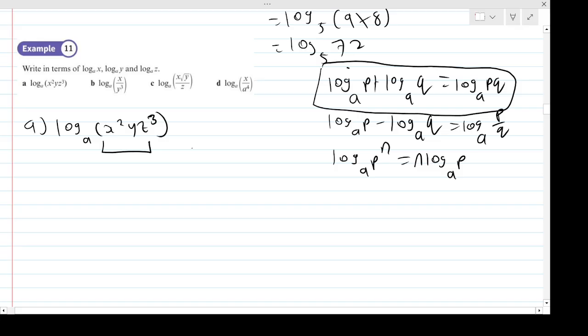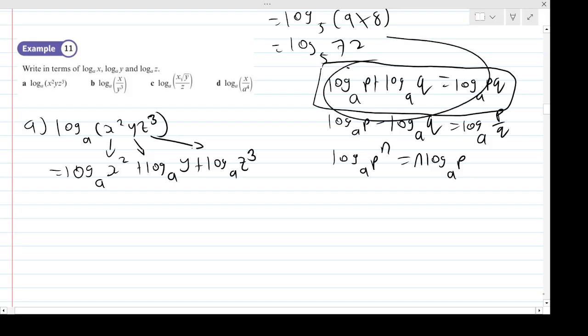That would be log a of x squared, then log a of y, and then log a of z cubed. So I can split each part into different logs by adding them using this log law here.